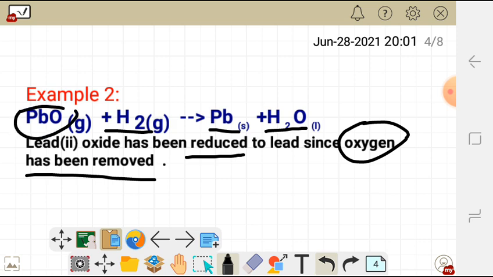Here it was lead oxide, and this side it is only lead atoms. So oxygen has been removed from it, and then we say it has been reduced. Reduction in terms of oxygen is the removal of oxygen from a chemical substance.